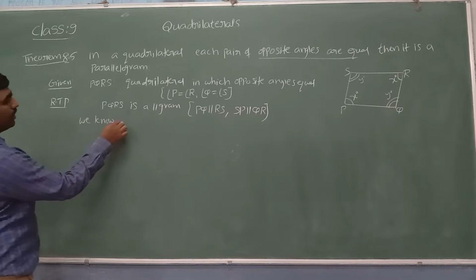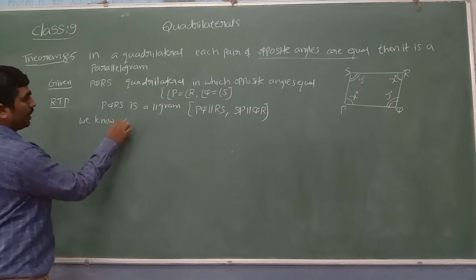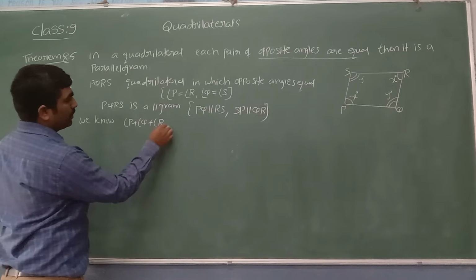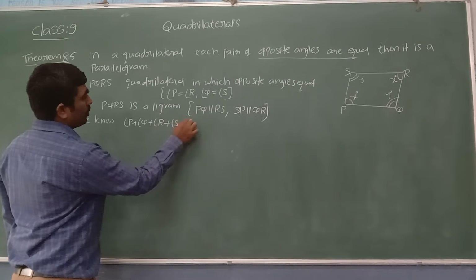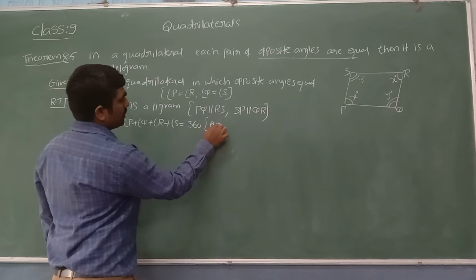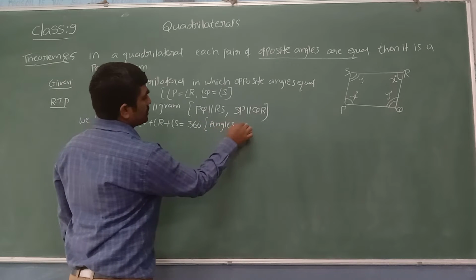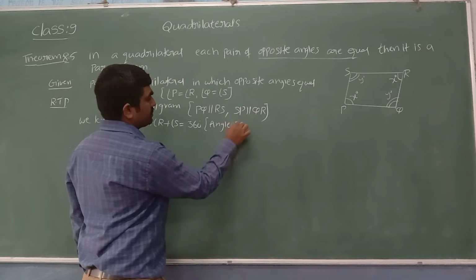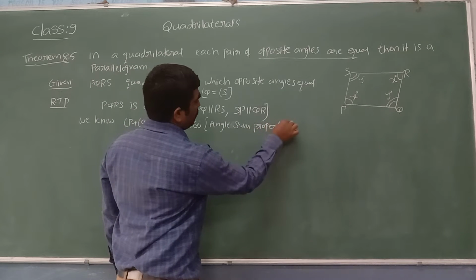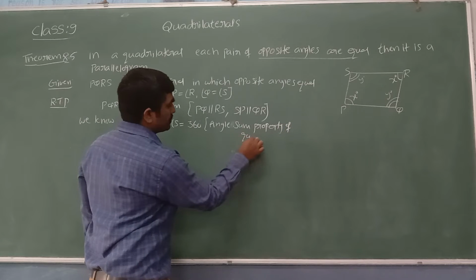Yes. We know the sum of the angles. Angle P plus angle Q plus angle R plus angle S is equal to how much? 360 degrees. What is the reason? Can you say? Sir, it is the angle sum property of quadrilaterals.